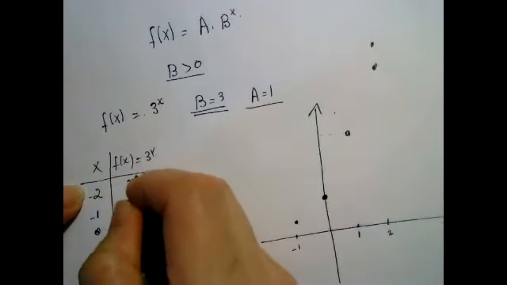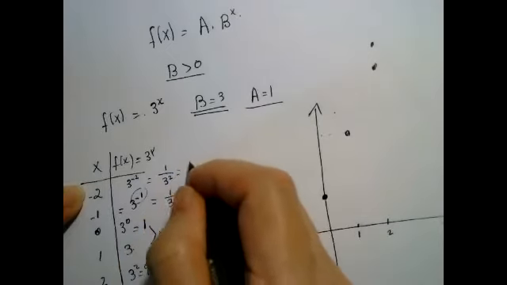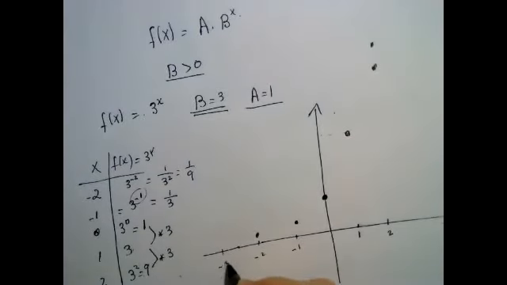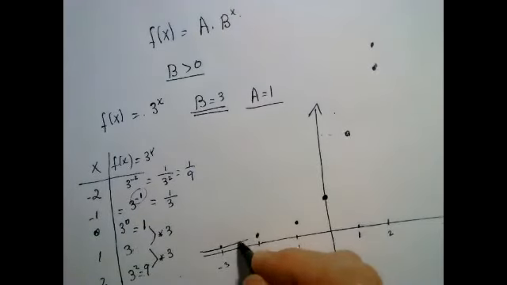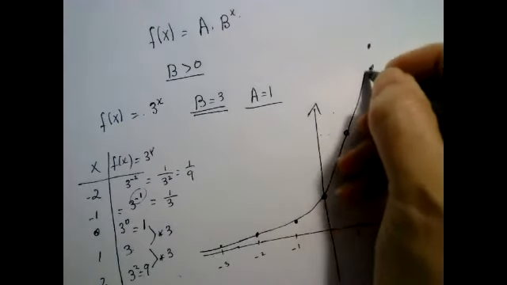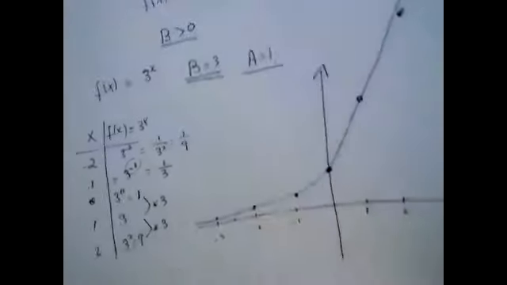At -2 it is 3 to the -2, which means 1/3 squared, 1/9, even smaller. And -3 is going to be even smaller. So the graph is going to look like this. It starts very close to 0, a very, very small value. It's going to increase, definitely not in a linear fashion, but in an exponential fashion.